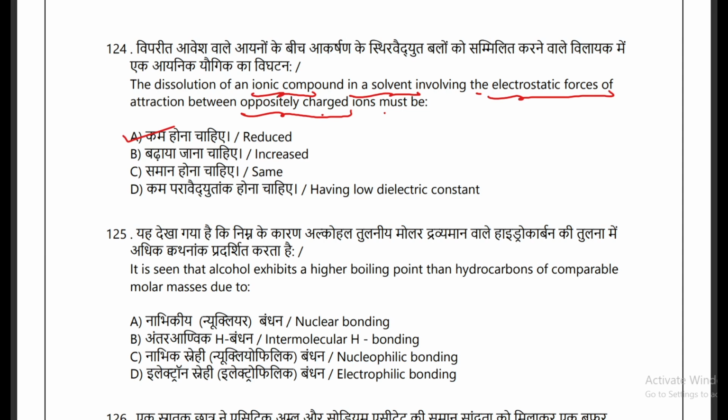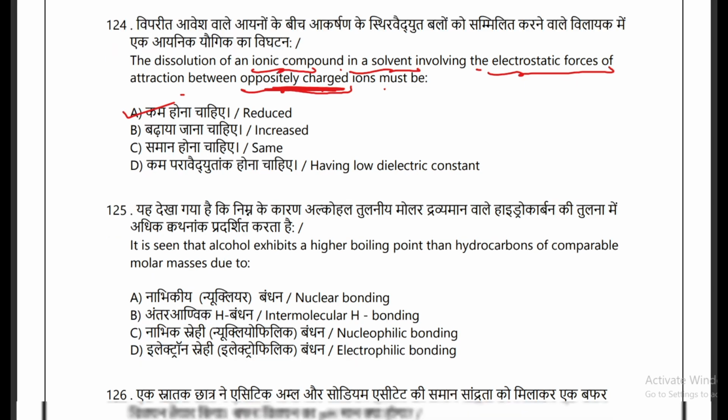A option is your correct answer, because a solvent with a high dielectric constant weakens the electrostatic force between the ions, allowing them to separate and dissolve. So in this case, the electrostatic force of attraction between oppositely charged ions must be decreased. Clear? So A option is your correct answer.